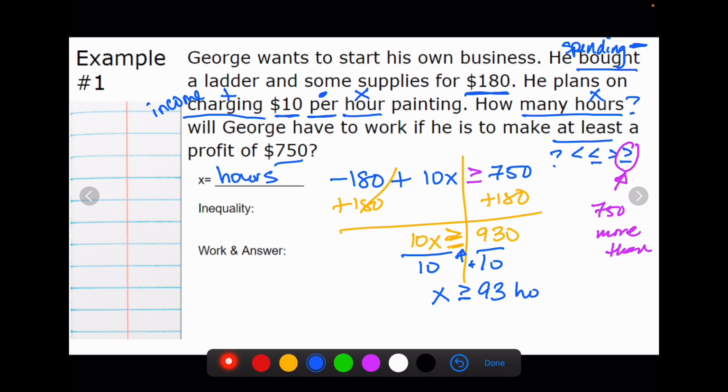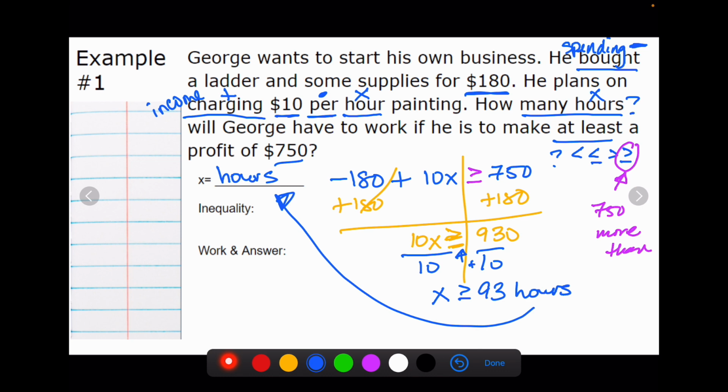And this needs to be in hours because remember, that's what we said our unknown was. So George will have to work 93 hours in order for him to make a profit of $750. Okay, so keep that in mind.